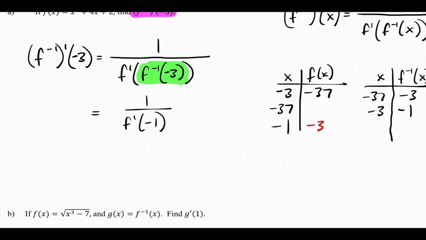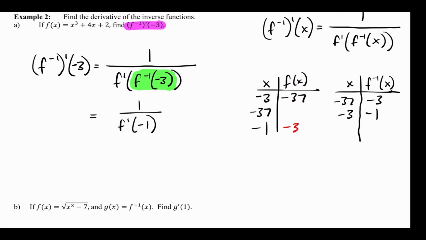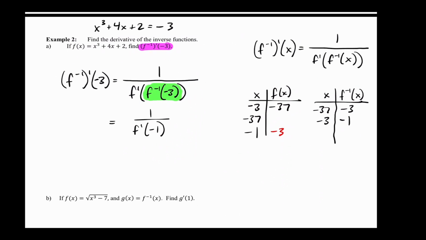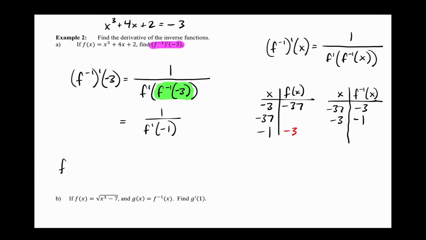Find the derivative and then do what? There you go. So let's do that. Let's find the derivative of the original, f prime, which is going to be 3x squared plus 4, right? That's the derivative. And then let me plug in 3. Or sorry, -1.